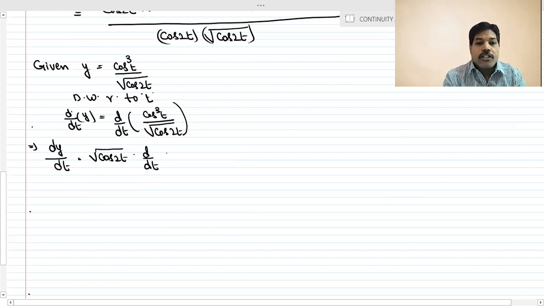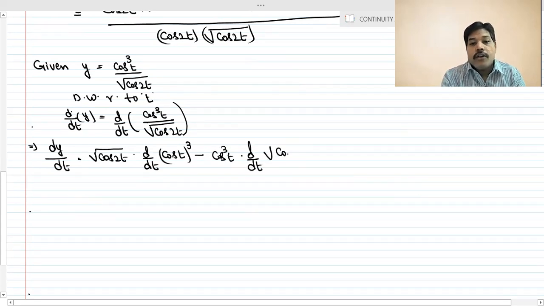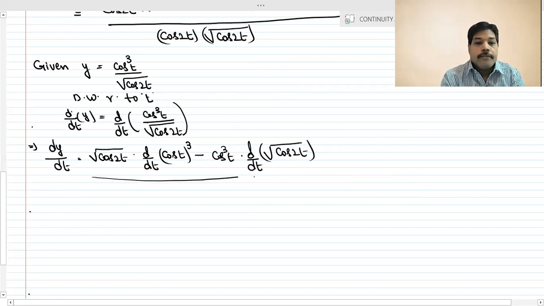of cos cube t. Cos cube t, I have already told that it can be written as cos t whole cube, and minus cos cube t into the derivative of root cos 2t, whole by root cos 2t whole square.